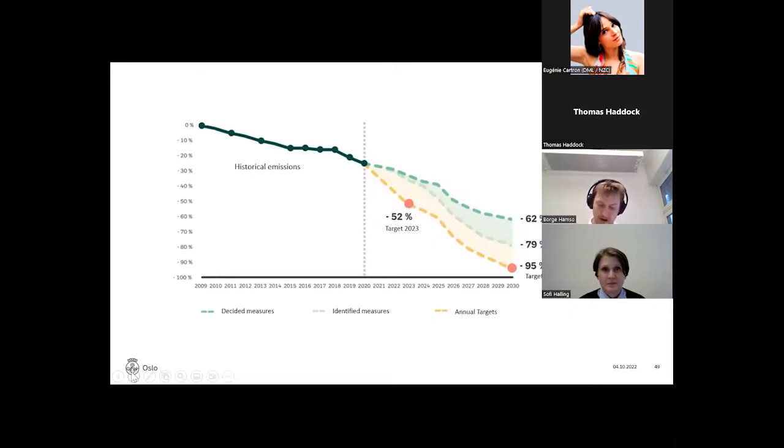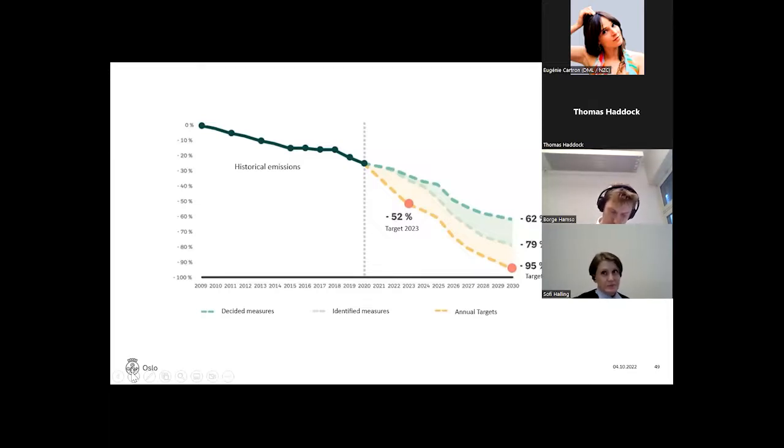The green dotted line furthest up in the figure that stretches to 2030, down to 62%, shows the estimated impact of existing and new measures that are being decided in this year's climate budget. So this top line is where we think we'll be in 2030 with existing measures and all the new climate measures that were decided in this year's budget.